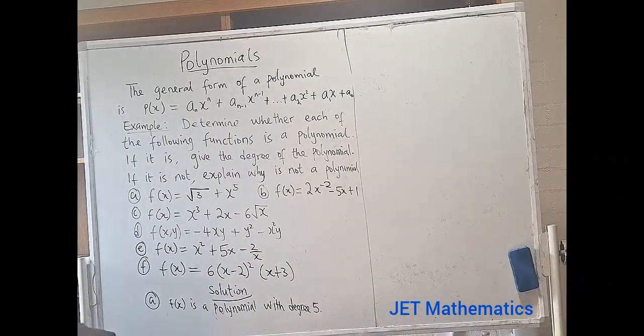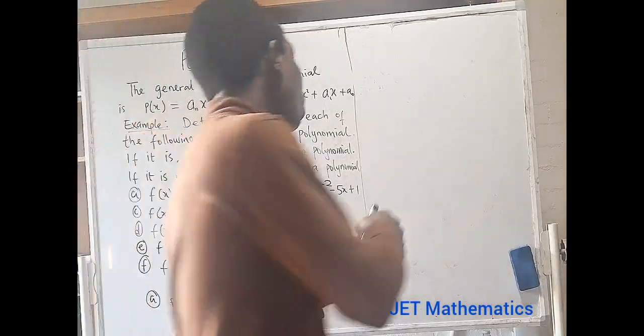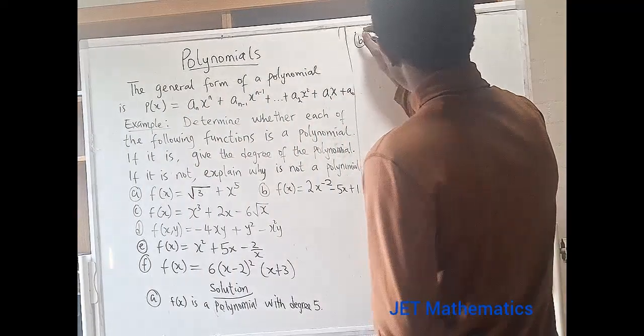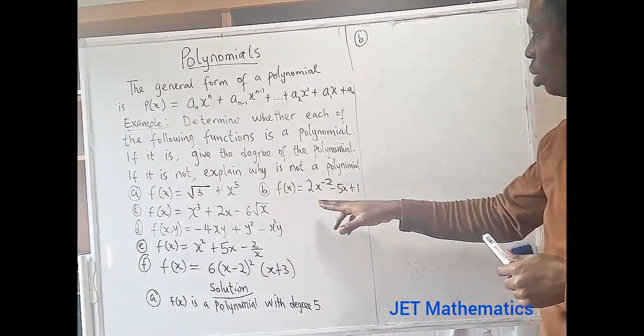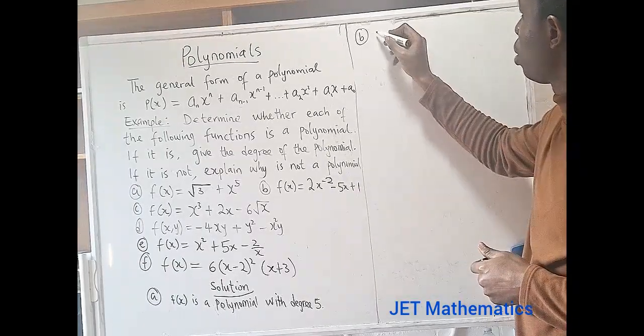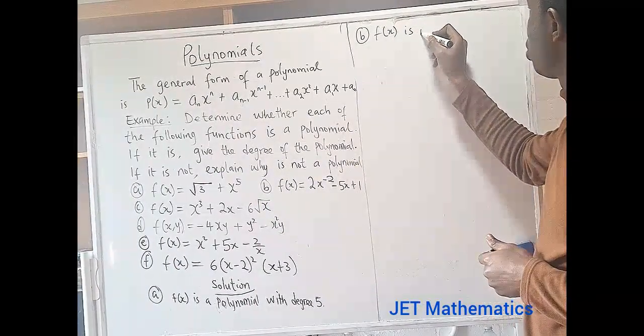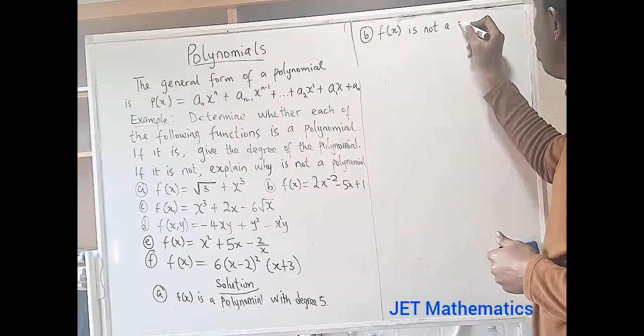Then the next thing, let's look at b. For b, f of x is not a polynomial.